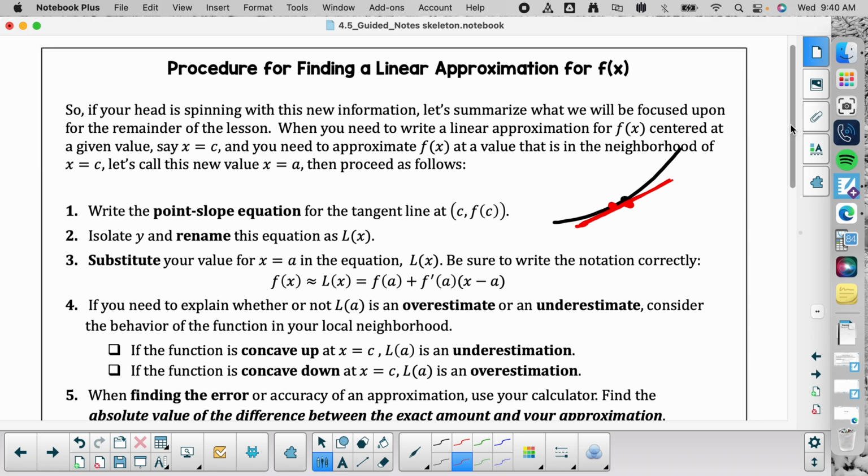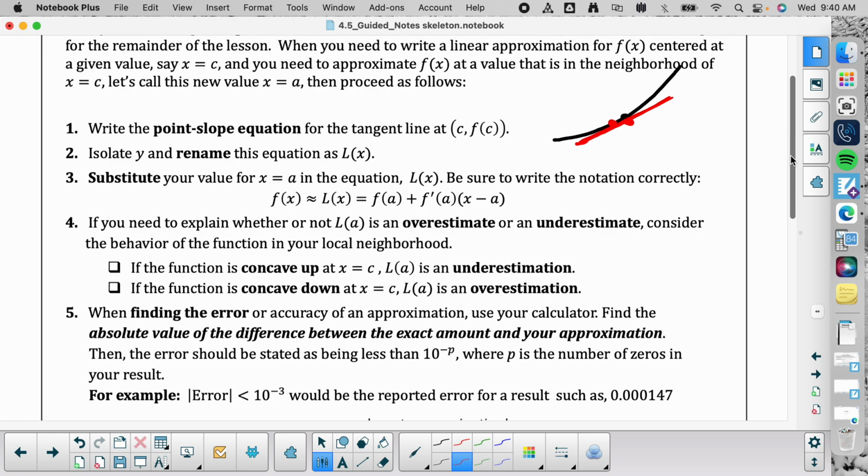I don't remember if we talked about this, but I thought we did. I thought we talked about overestimate, underestimate, but I don't remember. It's not going to be a big deal currently, because concavity or curvature is what we're going to go over in detail when we get to 5.3. So 5.3 is going to be the first derivative test, which, whatever, I know you don't know what that is yet, that's fine. Oh, actually, no, it won't be until second derivative test, 5.4.